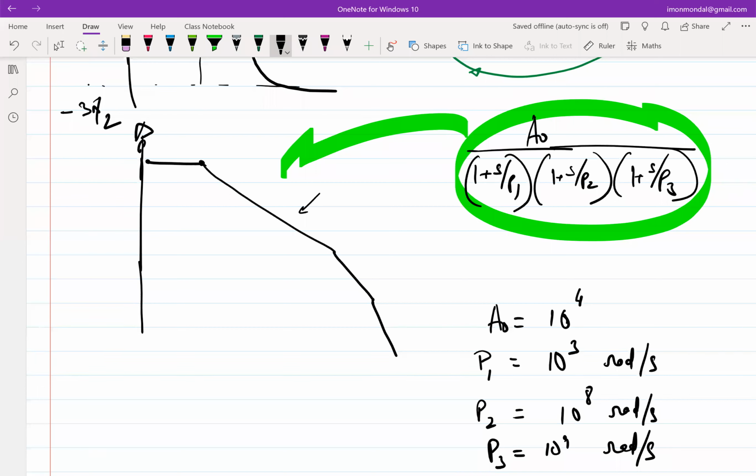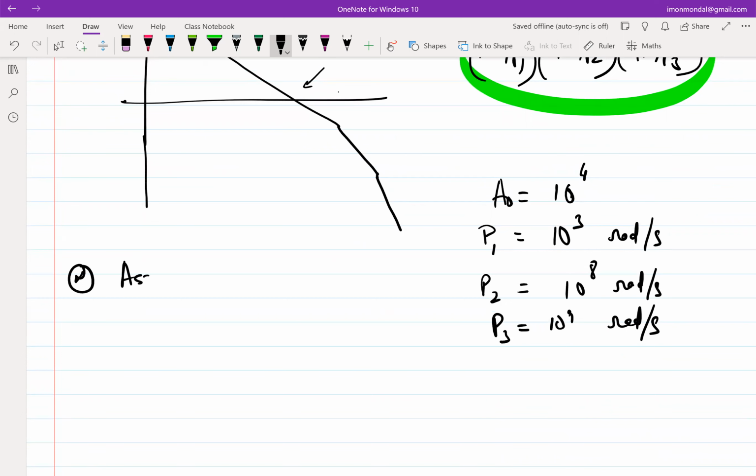What is the first assumption? The easiest assumption to make is that initially my omega U loop falls in the 20 dB per decade slope. That is, P2 and P3 are beyond omega U loop. So this is assumption 1: omega U loop is less than P2 and P3.